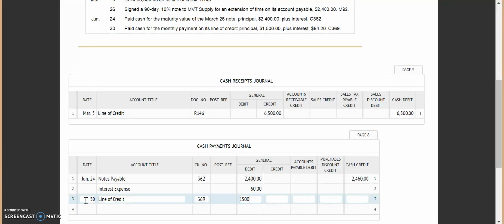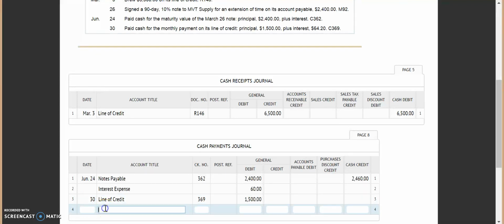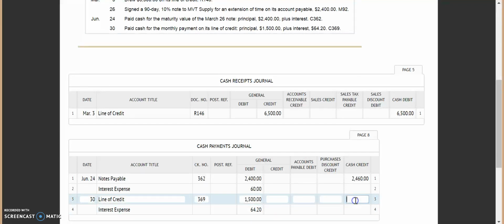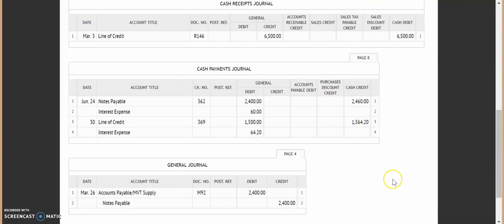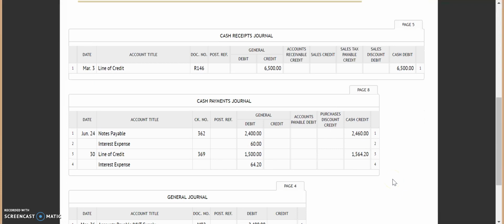Our principal balance was $1,500. Then we also have interest expense of $64.20, which means that our total cash credit is $1,564.20. So those are our 4 transactions that we did that relate to short-term debt financing.